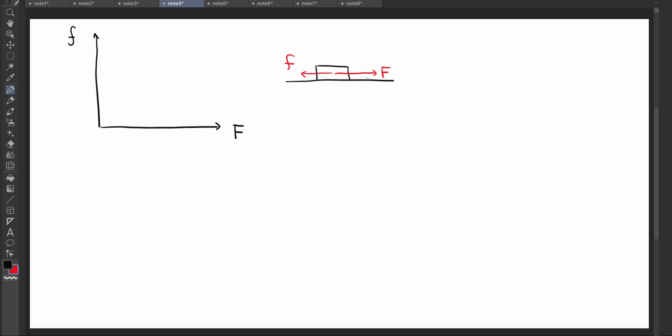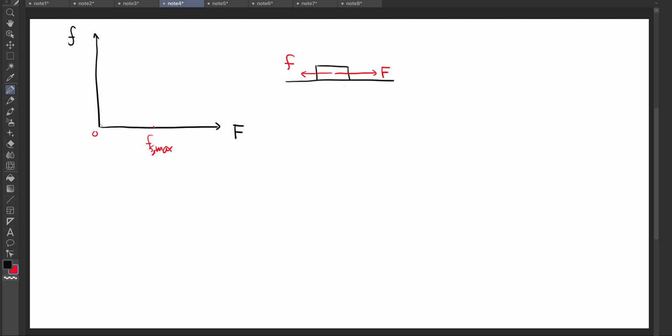Now before this F reaches the Fs max, then the friction force is static friction force, and it's equal to the pushing force.